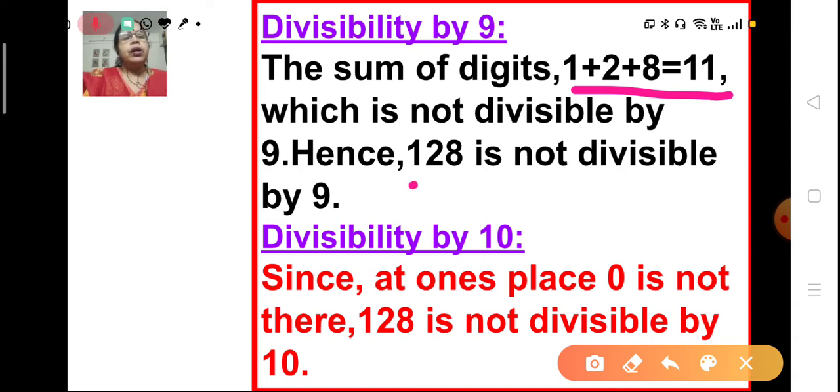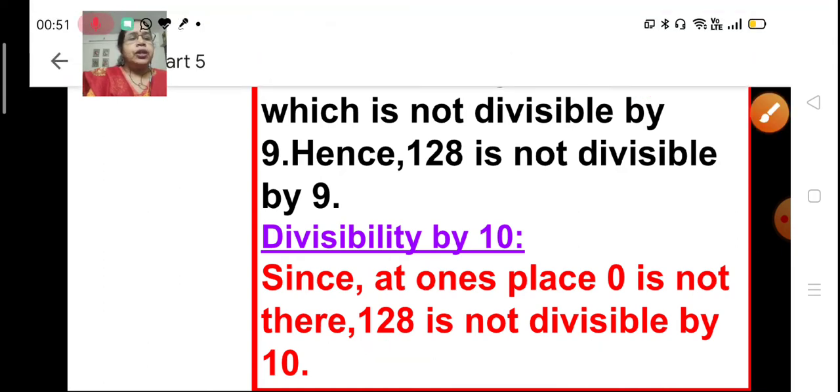So, the number 128 is also not divisible by 9. Now, divisibility by 10. For a number to be divisible by 10, it should have 0 in ones place, but we can see that in 128, what digit we have in ones place? It is 8. So, it is not divisible by 10 also.